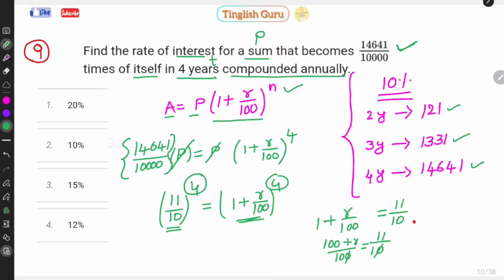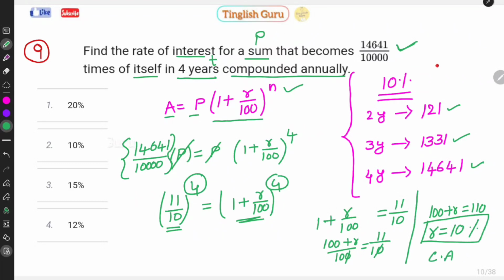So this 0 will cancel and we will get 100 plus R is equal to 110 and R is equal to 10. That is nothing but 10% rate of interest compounded annually.